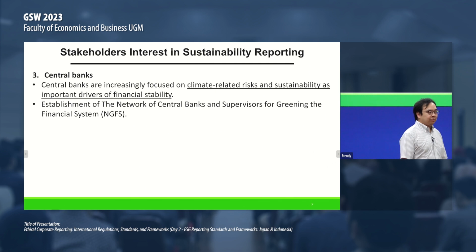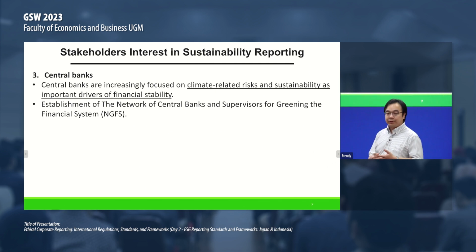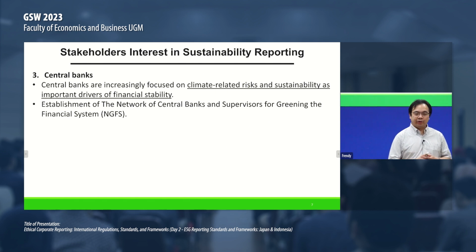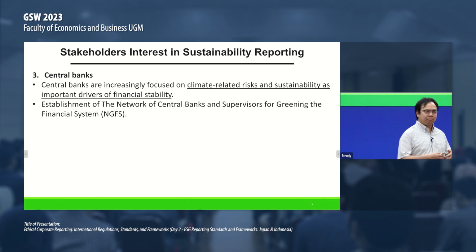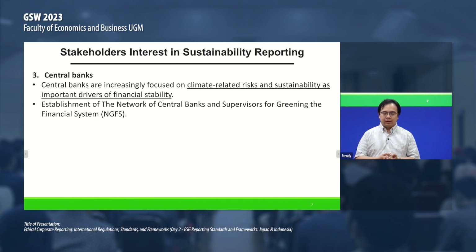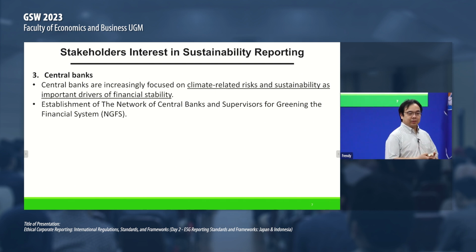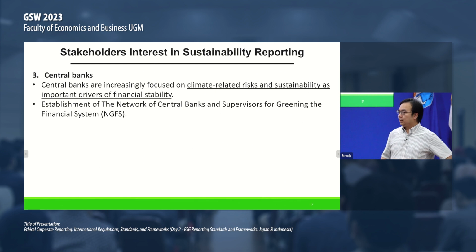Okay, banks. As we discussed yesterday, one of the main motivating regulations is the significant growth of financial funds, of finance products that relate to sustainability. Okay?